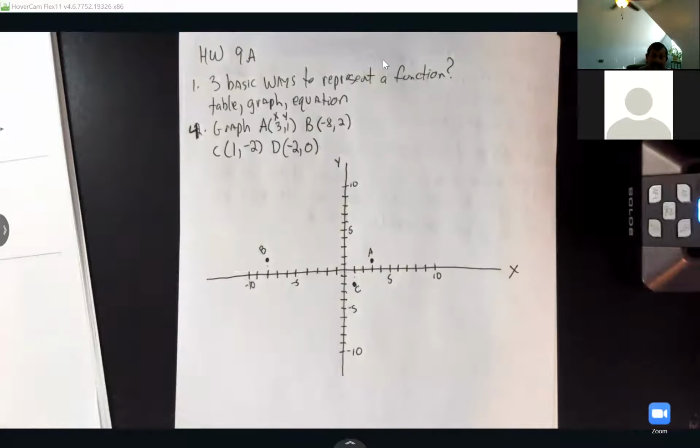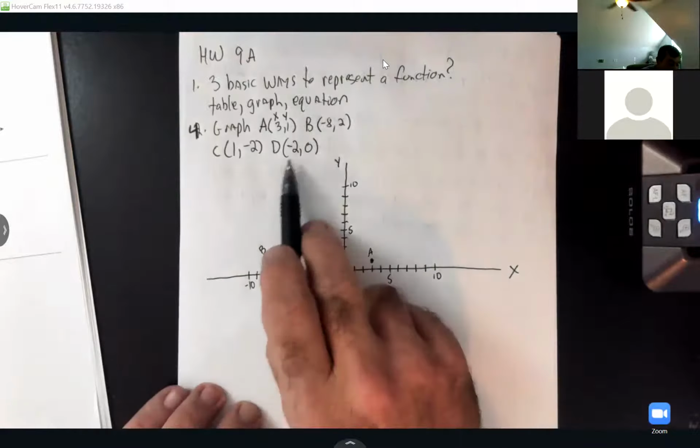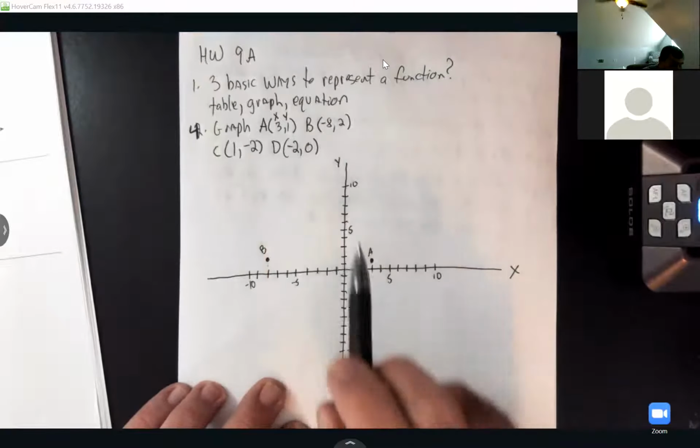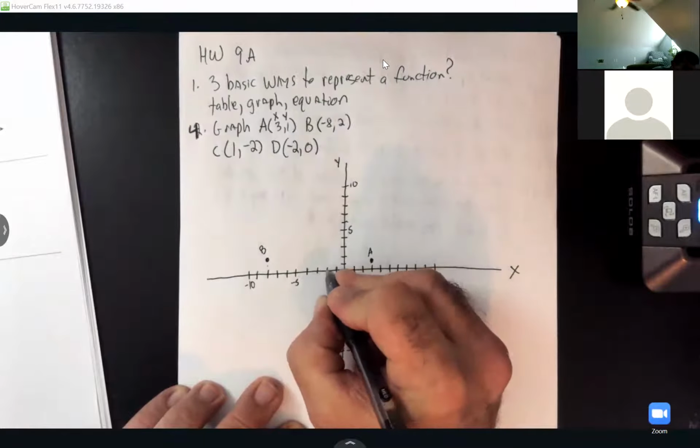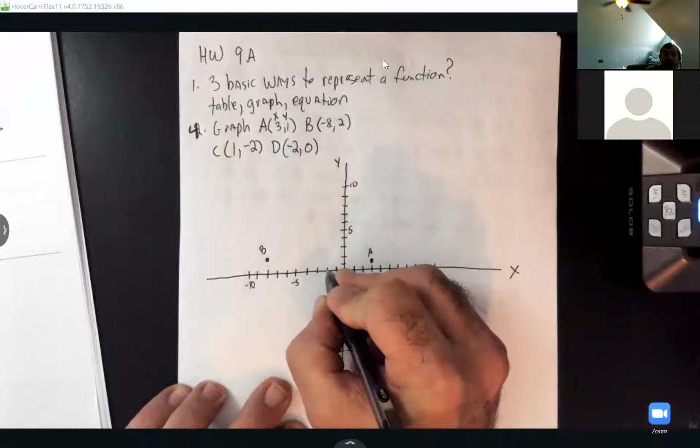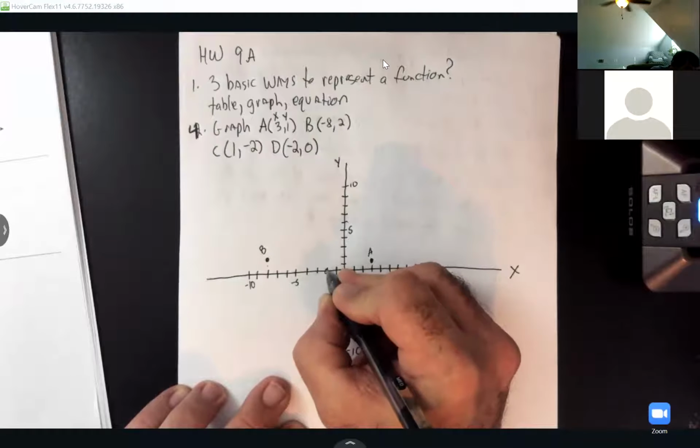All right, now look at this one. D has a -2, 0. Anytime one of the numbers is a 0, you're going to be on one of them lines. So we start out going left -2 for our X. So we go left 1, left 2. Since the Y value is 0, we stop and stay there.